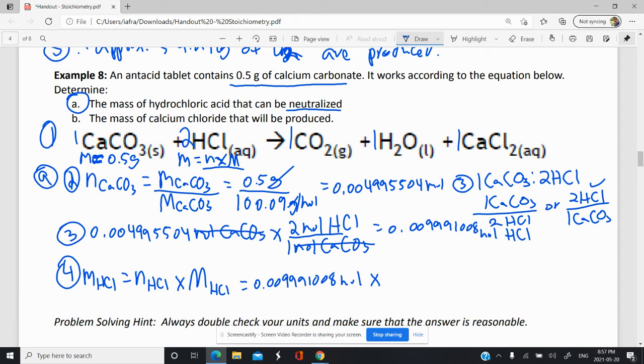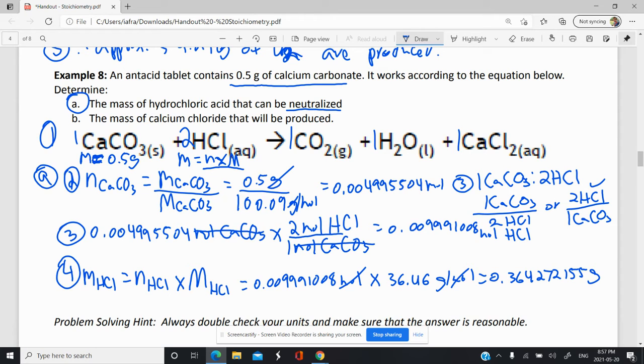So that would be our 36.46 grams per mole. And so we can cross moles out, and we're left with grams in the end. So that would be 0.36427215 grams that can be neutralized.